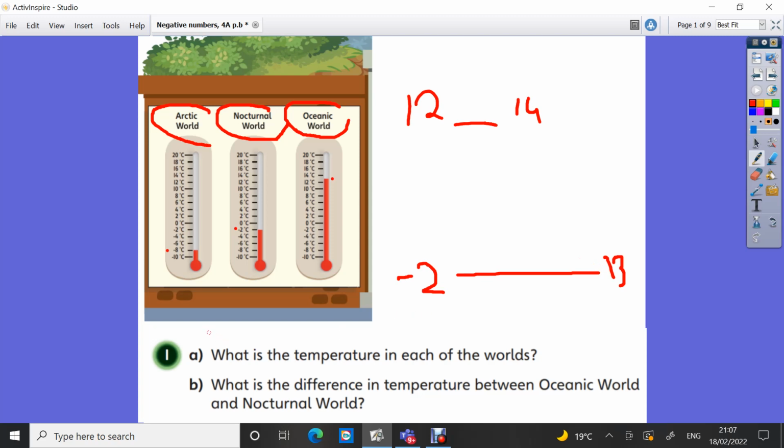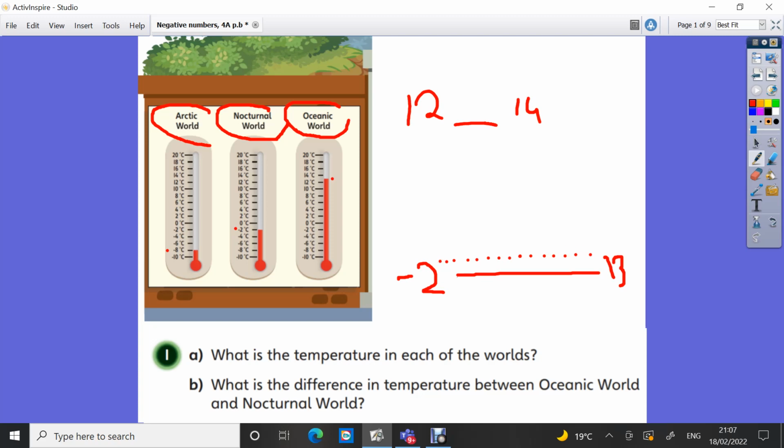Let's count. You have to start from -2. -1, 0, 1, 2, 3, 4, 5, 6, 7, 8, 9, 10, 11, 12, 13.